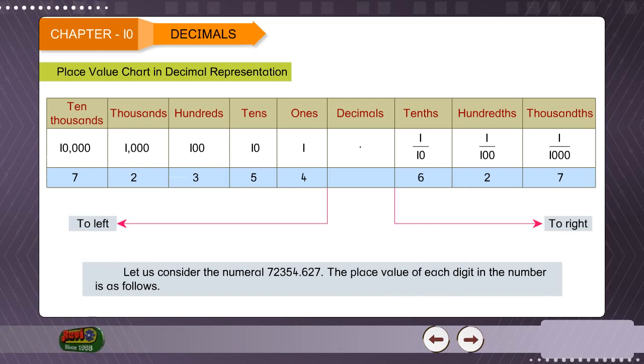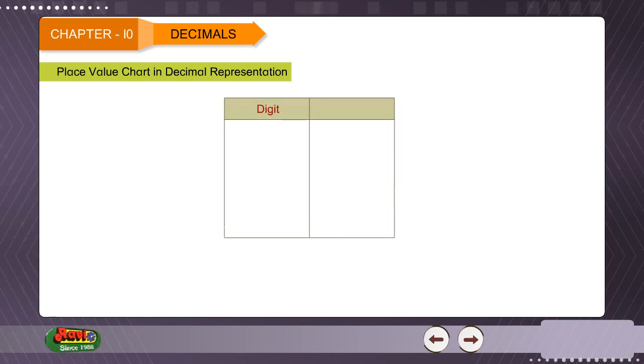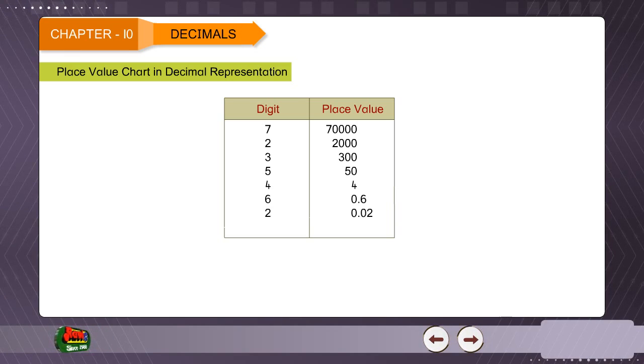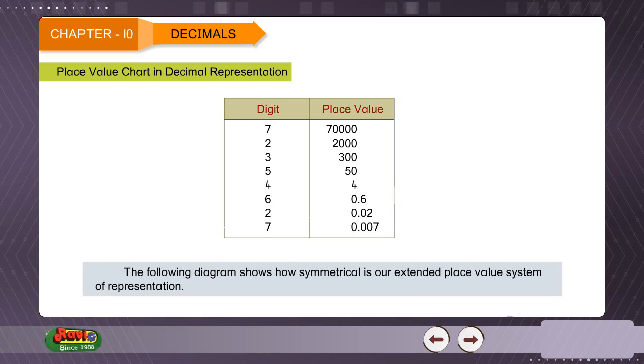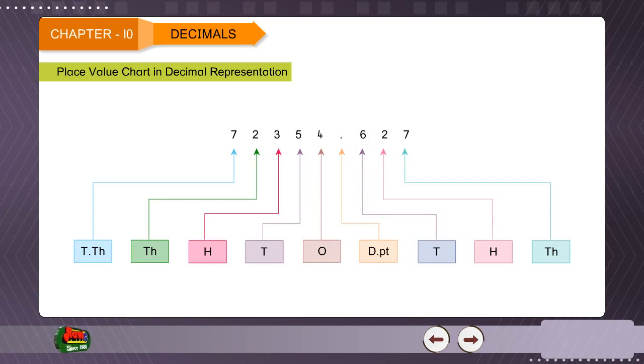The place value of each digit in the number is as follows. Digit, place value: 7, 70,000; 2, 2,000; 3, 300; 5, 50; 4, 4; 6, 0.6; 2, 0.02; 7, 0.007. The following diagram shows how symmetrical is our extended place value system of representation.